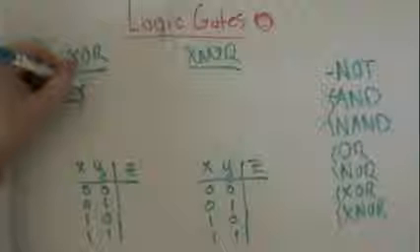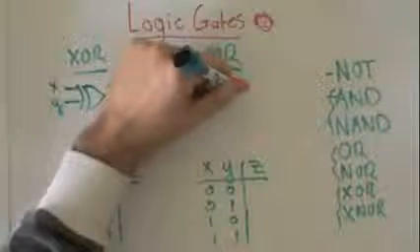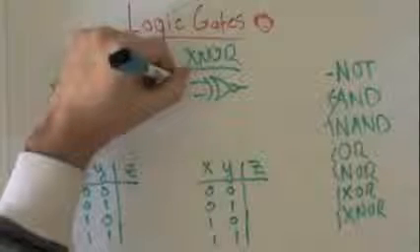This schematic symbol, using two inputs again, we just have this extra little line here. And the XNOR, same thing, except it's the exclusive NOR, so we need the inversion bubble on there.